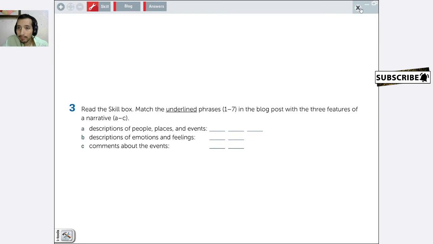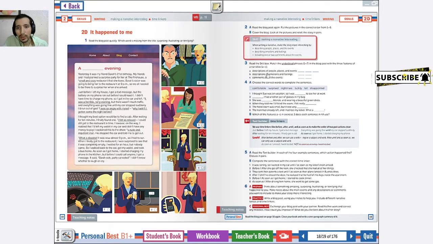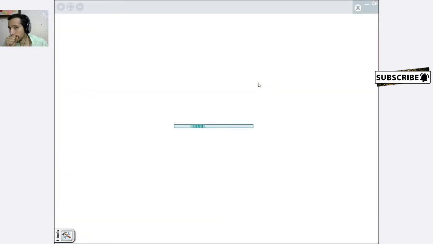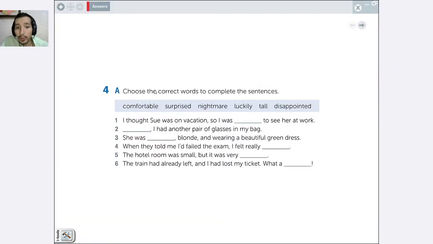After that, let's go to number 4. Choose the correct words to complete the sentences. Please remember something very important. If you don't have enough space to write it neatly and properly, you can use your notebook.